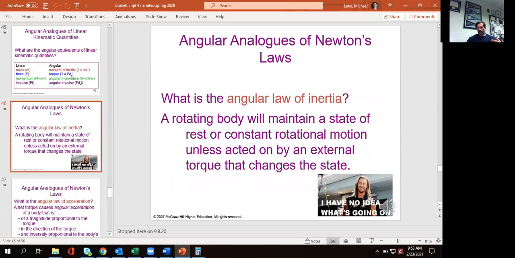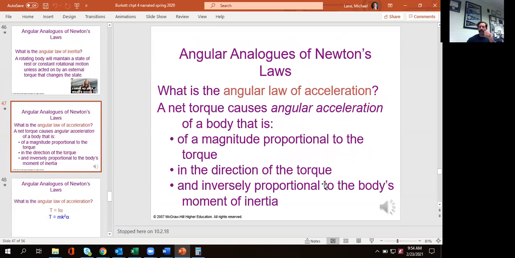So when we go back to those Newtonian concepts, when it comes to the law of inertia, an object is going to stay in motion unless it is acted upon by an external force. So it's going to keep rotating unless something acts upon it, or it's going to stay at rest unless something acts upon it.